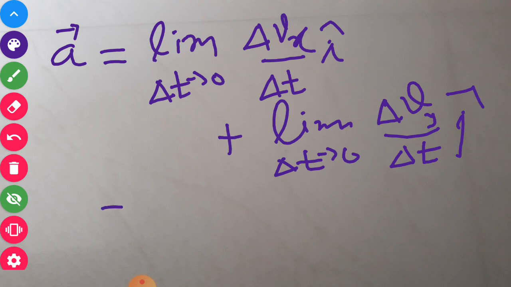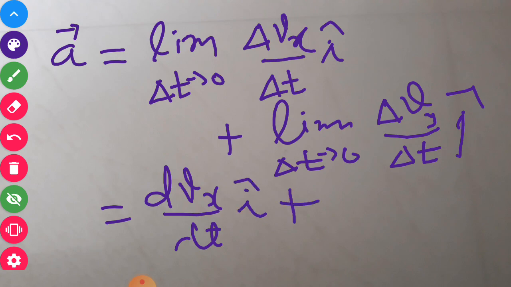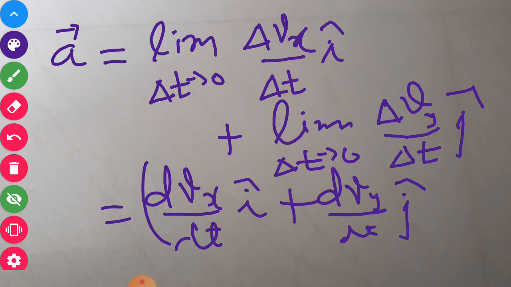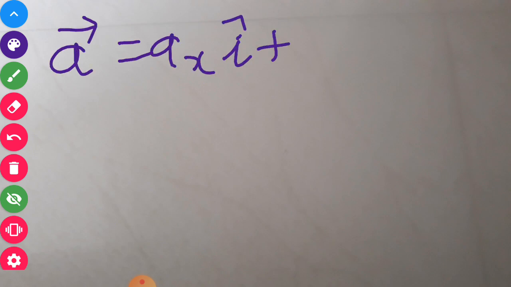So this becomes dvx by dt i cap plus dvy by dt j cap. So this becomes the x component of acceleration and this becomes the y component of instantaneous acceleration. This can be written again as ax i cap plus ay j cap.